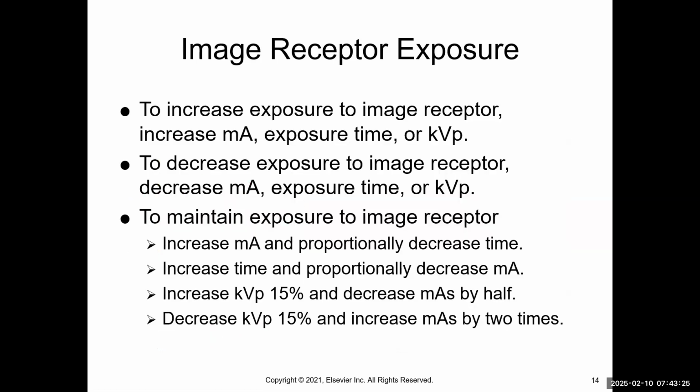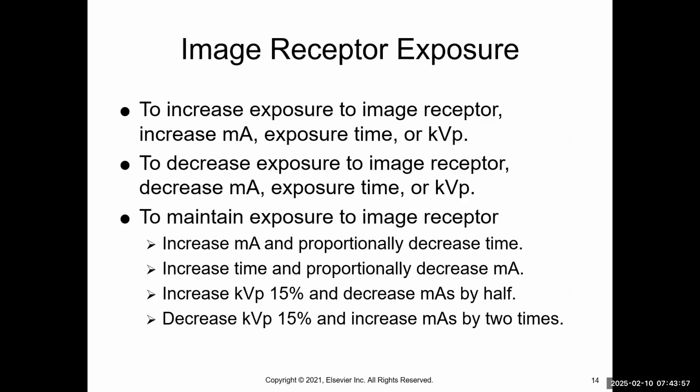So when we look at image receptor exposure, which has been the whole goal through everything that we've done in the lab, we're trying to maintain receptor exposure when we make these changes. So to increase exposure to the IR, increases in MA, time, or kVp, all of those things, when you increase them, increase image receptor exposure.